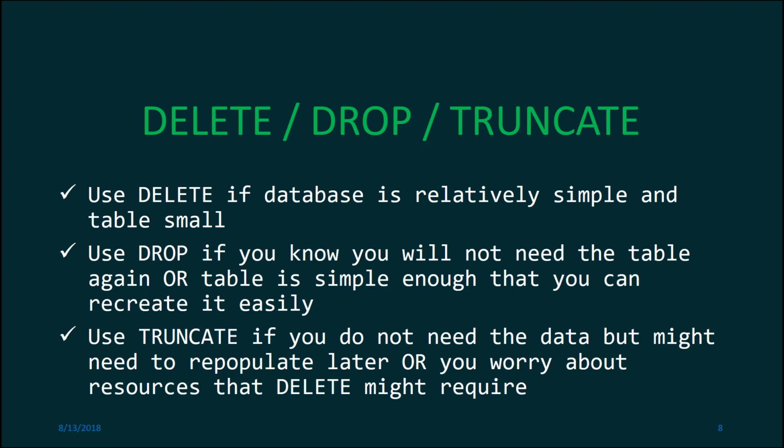Use drop if you know you will not need the table again, or the table is simple enough that you can recreate it easily again. And use truncate if you do not need the data now, but might need to repopulate it later, or you worry about resources that delete might require in a complex, huge database.